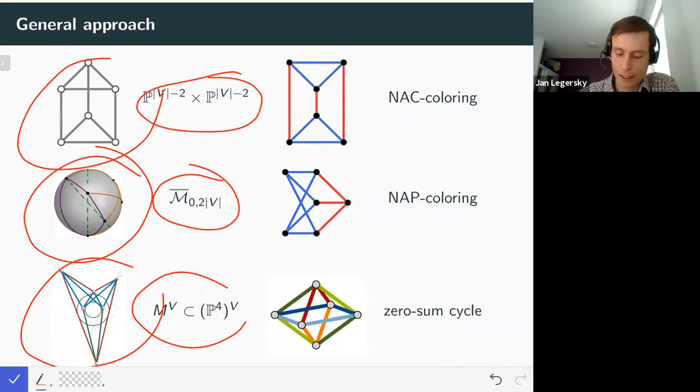So for the first two cases, what we get is a purely combinatorial condition on the original graph. For the zero-sum cycle, there's also a bit of geometry, in the sense that we don't get just the signs, but we know that if we take the edge lengths with these signs, we get 0 in our sum.